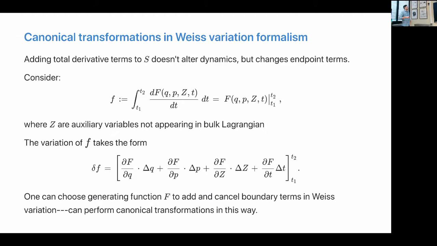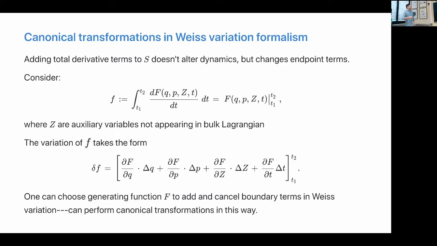And so you can see from this variation that when you add this total derivative to the action, what you're doing is you're changing essentially the quantities that you have to fix in order to just get the bulk terms. And you can choose this generating functional in such a way to perform canonical transformations.